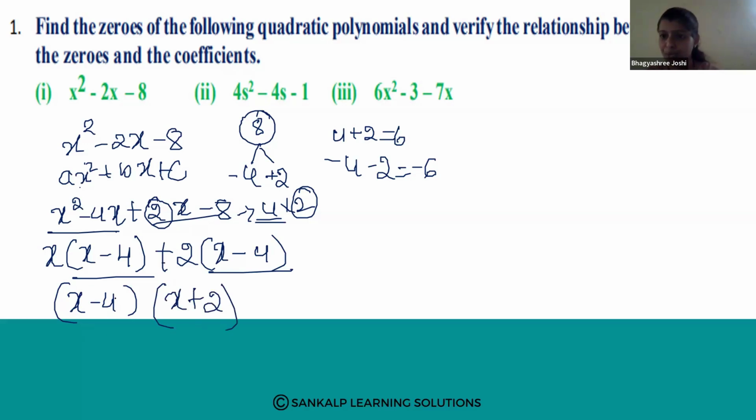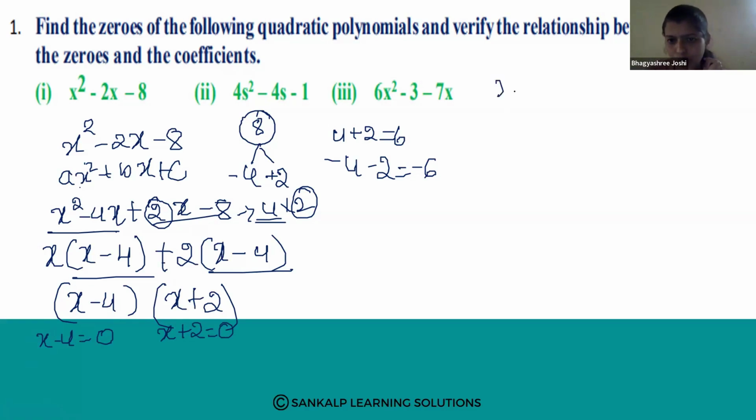So we got the factors, but what we need is the zeros. In order to find the zeros, what will I do? Equate these factors to 0. Then you will get zeros, right? So x minus 4 is equal to 0. X plus 2 is equal to 0, right?